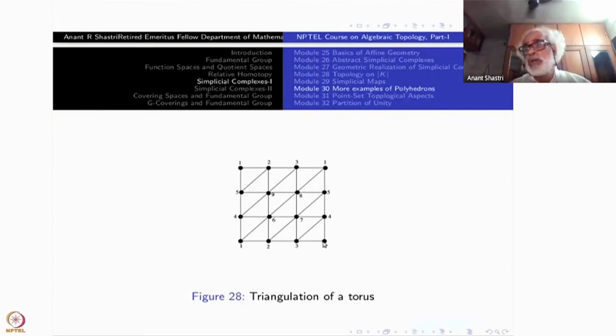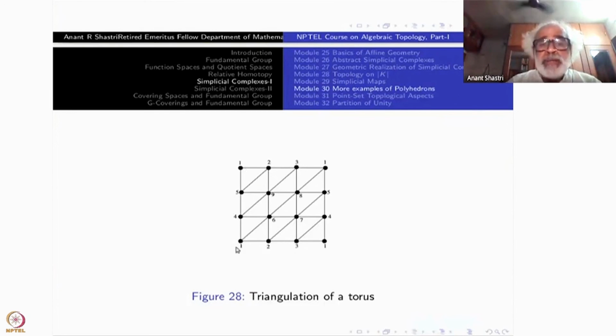You can't do with less than that. So do that: 1, 2, 3. This is 1 only, because this is going to be identified with this one. Now take some more vertices, 4, 5. But then again, this will be identified with this one. So this is 1, but 3 will be identified with this 3, and 2 will be identified with this 2.